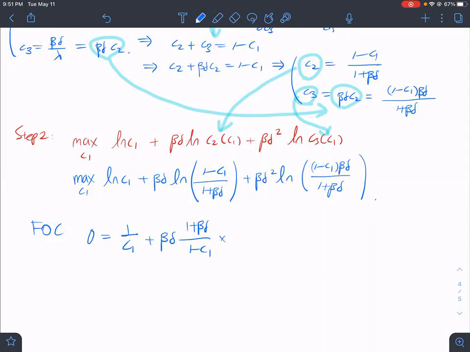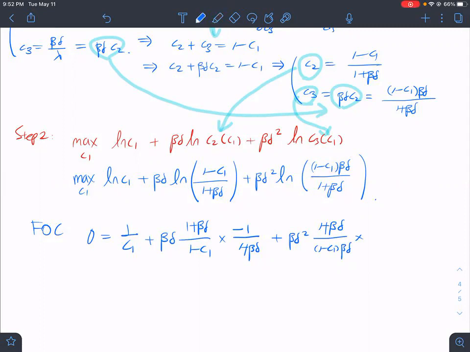Then I have minus (1 plus beta delta) plus beta delta squared. So now I'm dealing with this part here. Same, flip the log: (1 plus beta delta) over (1 minus C1) beta delta, times, now I differentiate with respect to C1 for this part.